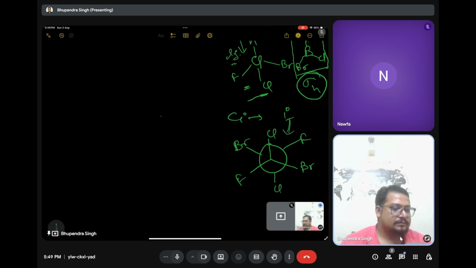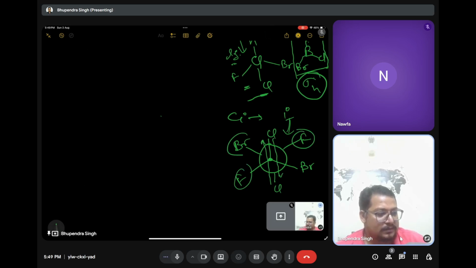Only i is present. No other symmetry element is present. So i is present at this position. This is the point of inversion, because at this point this Cl will go here, this Cl will go there. The same applies for these two and these two.